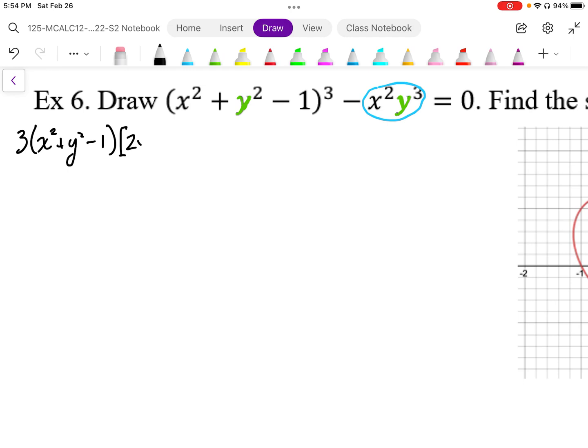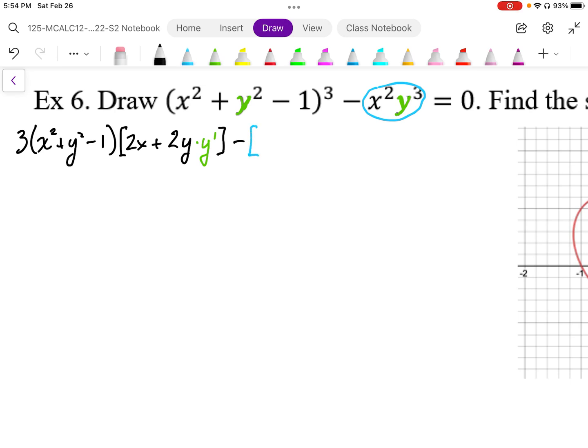So we get 2x plus 2y, and because we're differentiating the y, we're going to make sure we tag on that y prime. And then that's going to be minus 0, so that's going to just look like that. Minus, and because this is a product, I'm going to have to apply the product rule here.